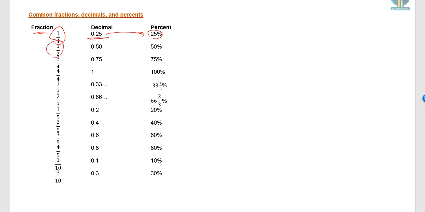A half is 0.5 or 0.50, which is 50%. 3/4, you've come across this one, right, is just 0.75 or 75%. 4/4, or a whole 1, is 1 written as a decimal, or 100% written as a percent. 1/3 is 0.33333, etc., or 1/3 of 100%, which is 33 1/3%.